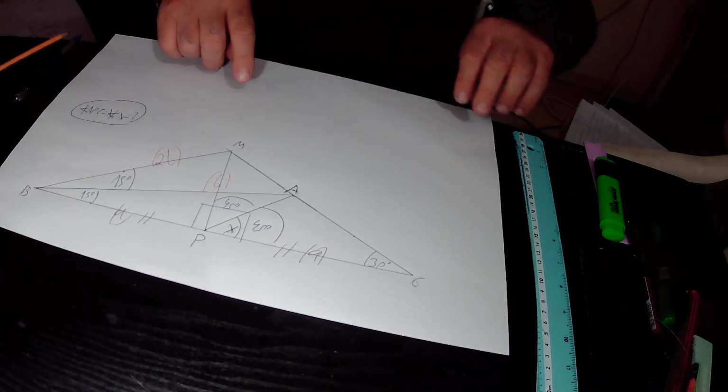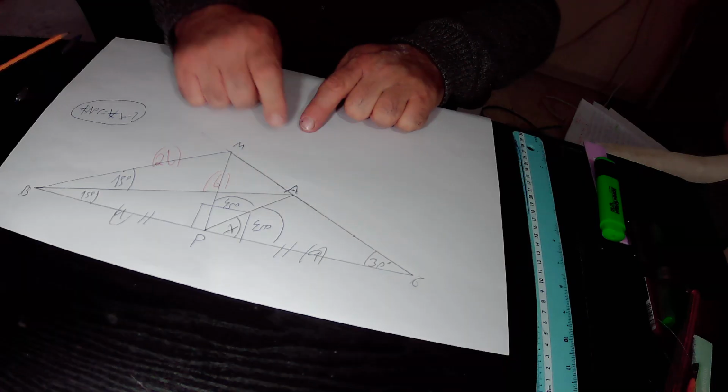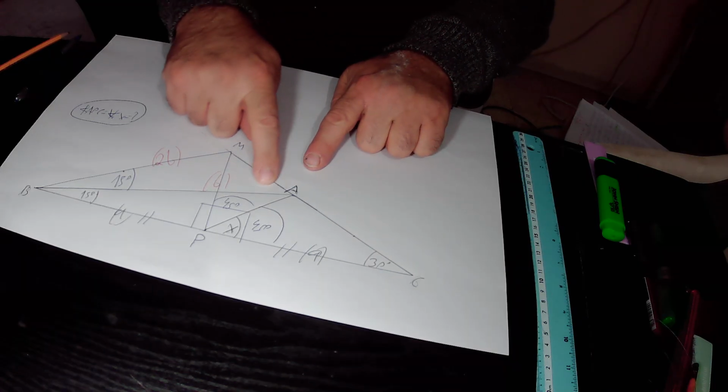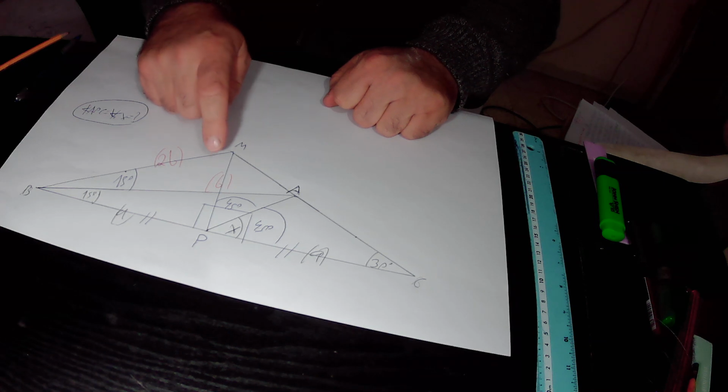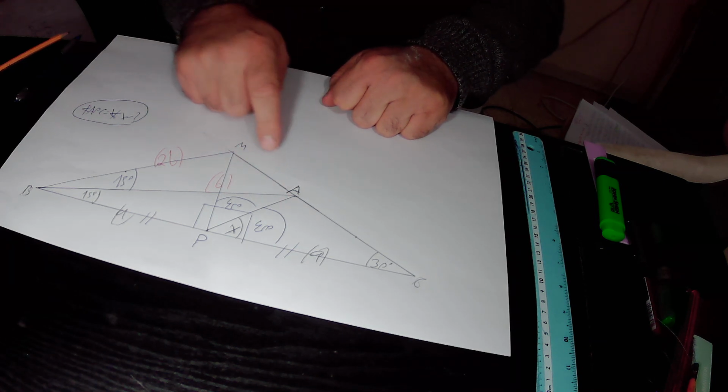If we focus on the triangle MPC, line segment AP divides the sides of this triangle MPC proportionally. That is to say, B over A equals MA over AC.